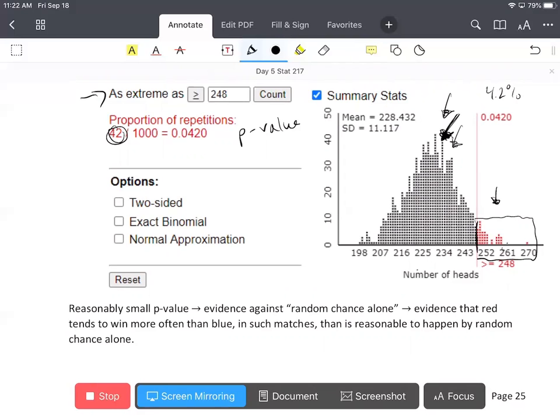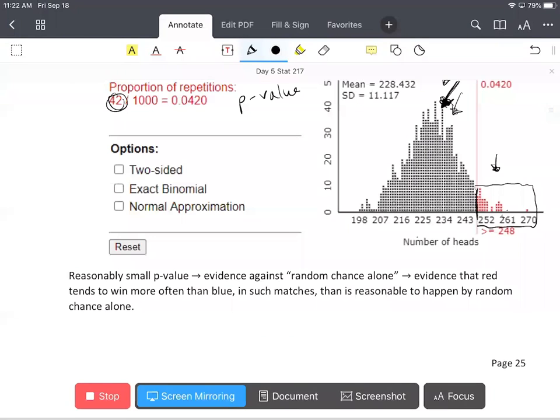Now, remember, we can't find support for random chance, but we can find evidence against it. We cannot find evidence that there's any support for the alternate hypothesis. So to recap, a reasonably small p-value is found by counting these and dividing by the total number.